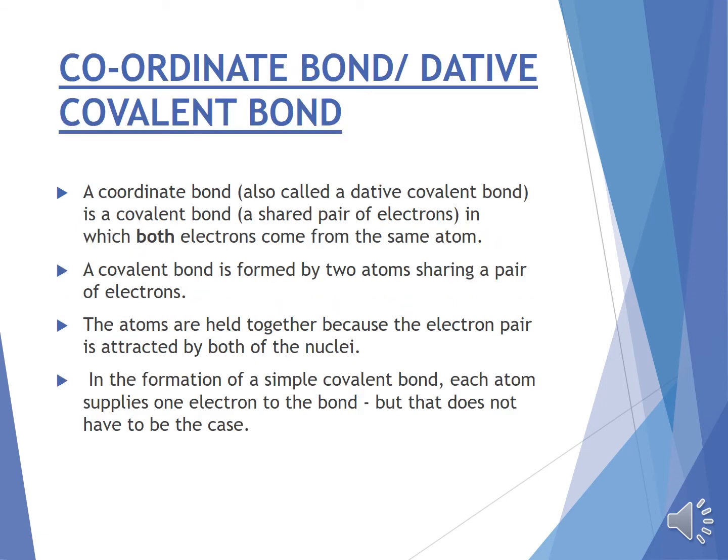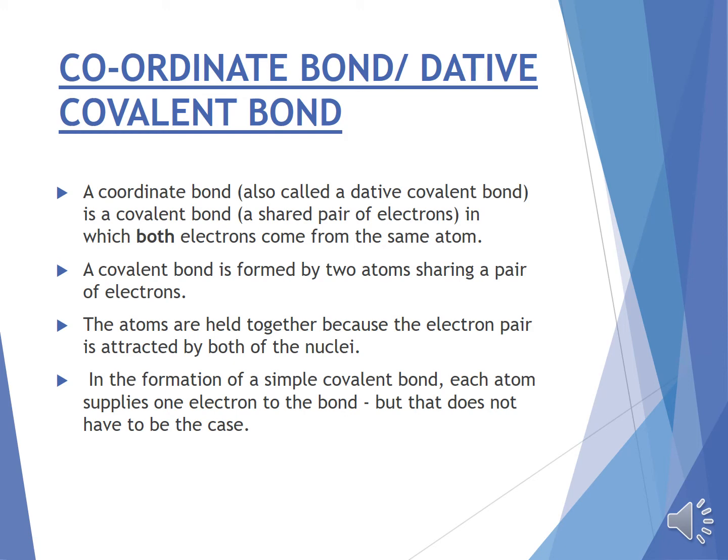Next type is the coordinate bond, or the dative covalent bond. In a covalent bond, sharing of electrons takes place from both sides, but in a dative coordinate bond, sharing of electrons is from one side. That is called one-sided sharing.